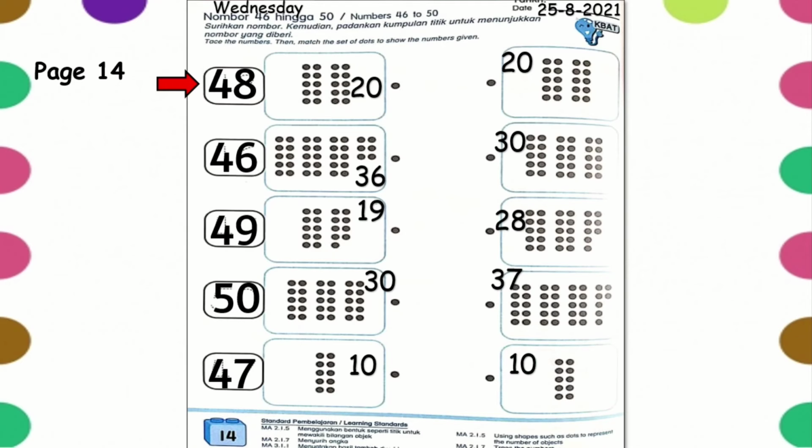Yes, you should minus. So 48 minus 20. You have to do it like this so that you can find the remaining set of dots. You cannot simply match to the set of dots.